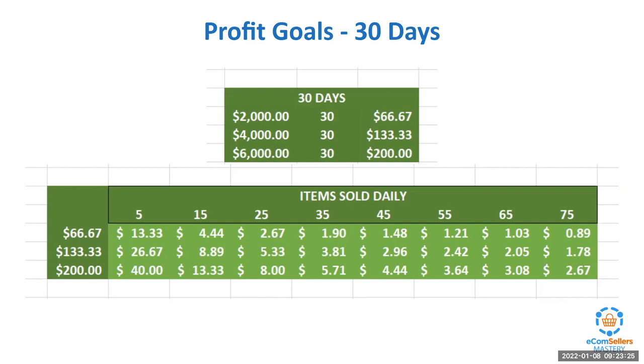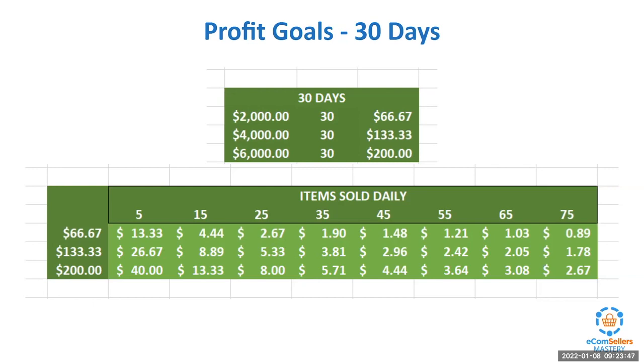In order to get to $66.67, let me do that math backwards. If I bought it for $3 and I'm going to sell it for, I think we'll do $23 so we can do even math. And we'll subtract $1 for estimated fees. We won't count shipping, the customer's going to pay shipping. So that's roughly around $19.